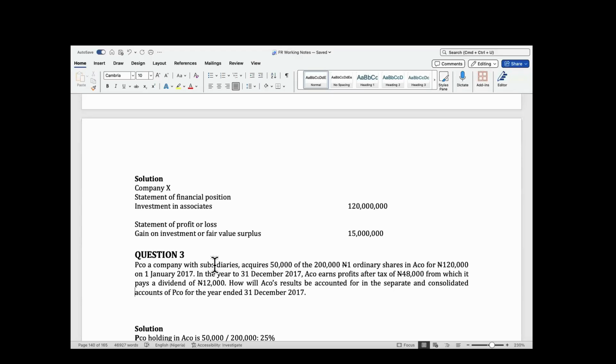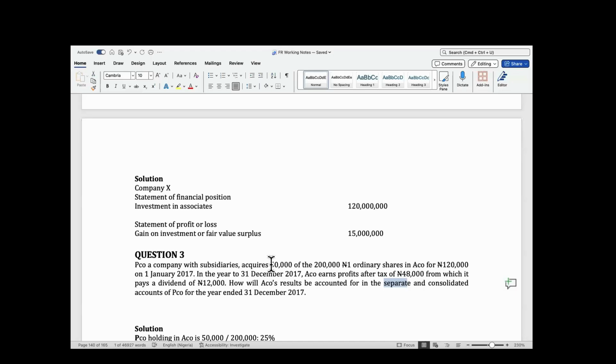How will ECO's result be accounted for in the separate and consolidated accounts of PICO for the year ended 31 December 2017? So they want you to show how PICO will account for this associate investment in its own separate account and also in a consolidated account.